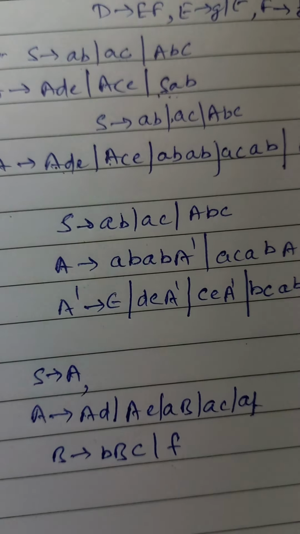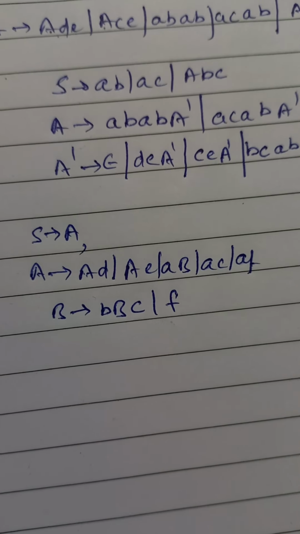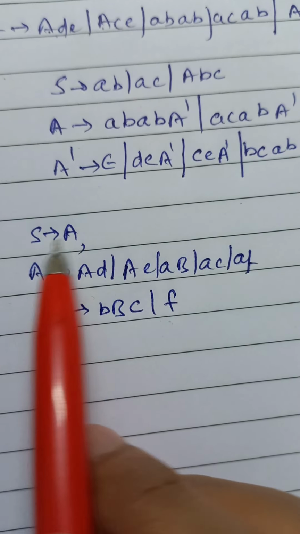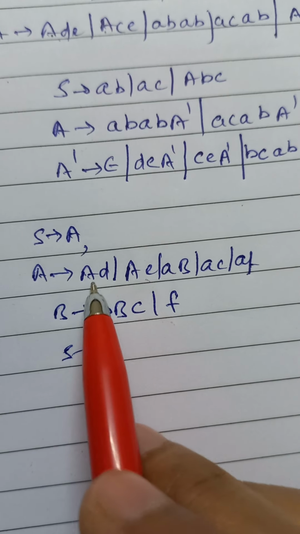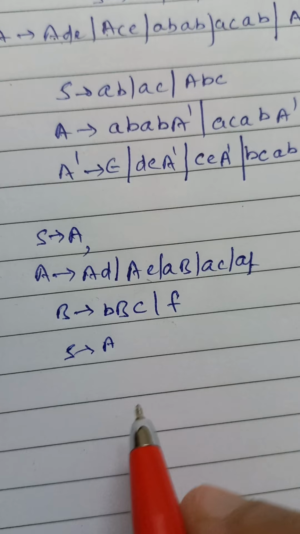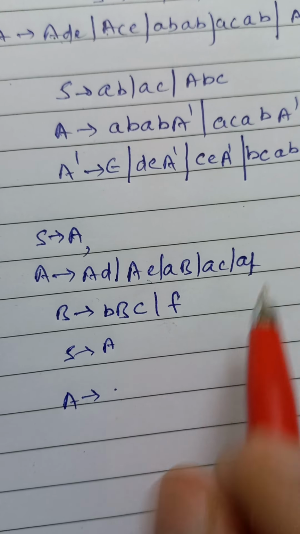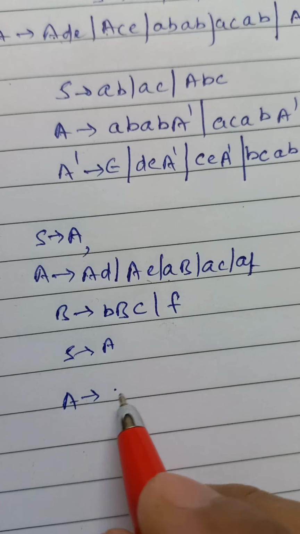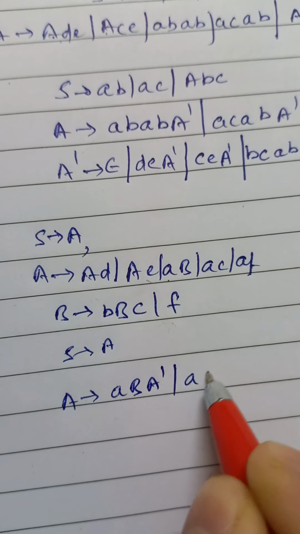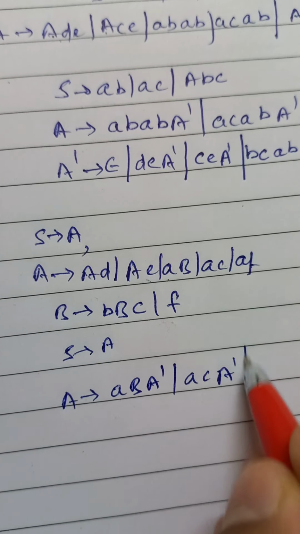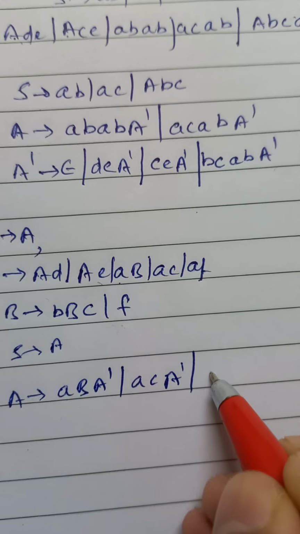Now we need to remove the left recursion from this grammar. So how are we going to do this? In S there is no left recursion, so we will write it as it is. But in A left recursion is present. So how are we going to write it? First we write these productions: A tends to AB A' | AC A' | AF A'.